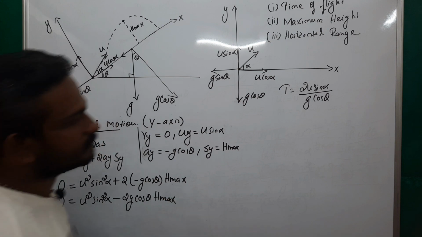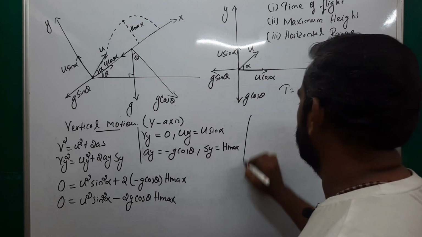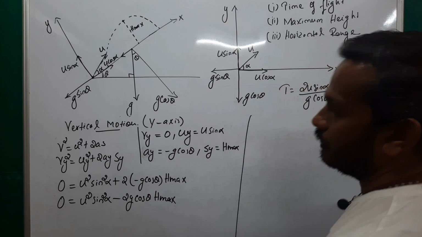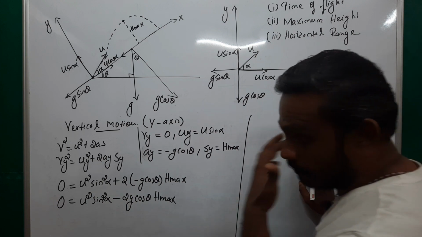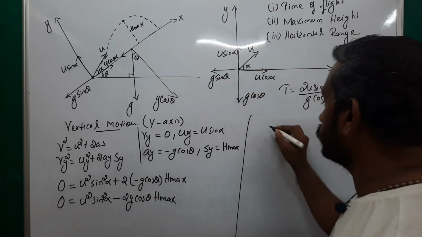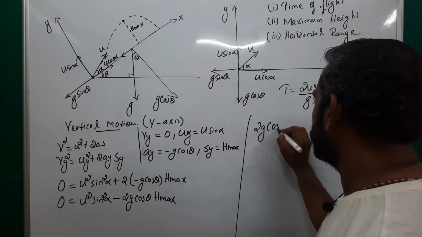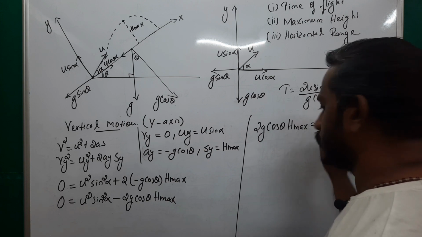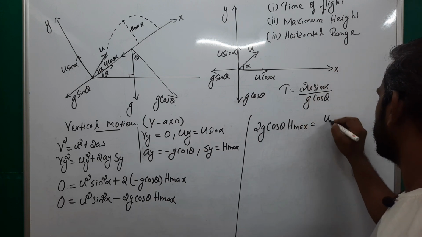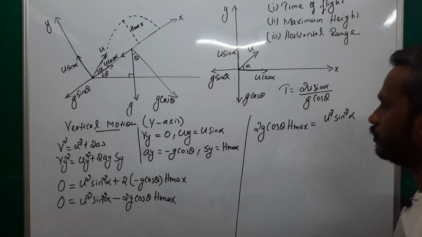When you bring that term to this side, it becomes plus. So 2g cos theta into h max is equal to u squared sin squared alpha.